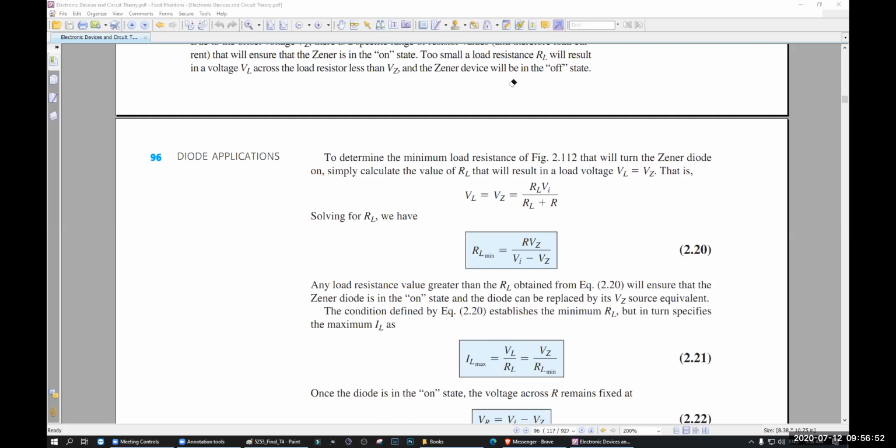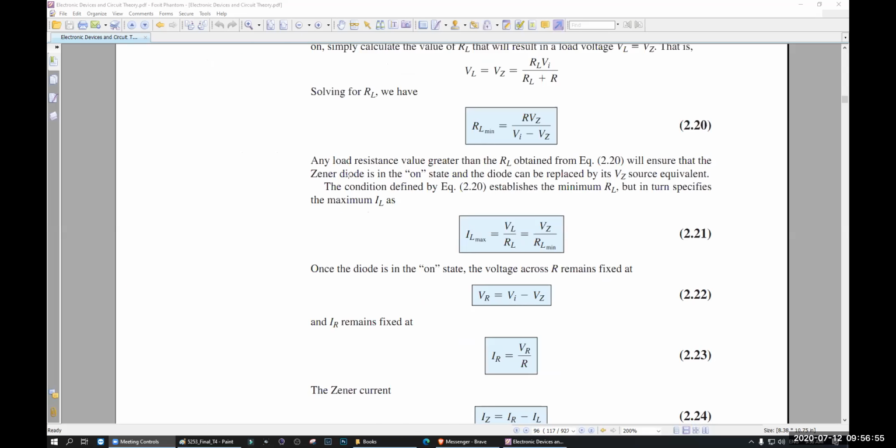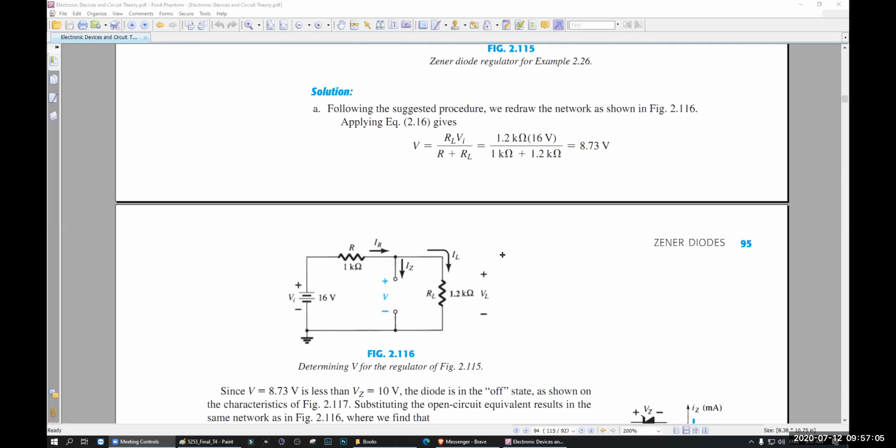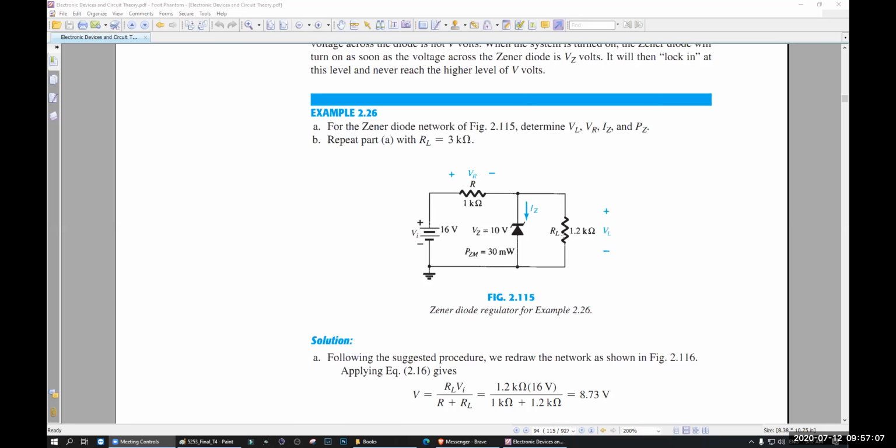Now let's get back to the other one. After that we can find out the IL maximum. Why? Let's go to the circuit. When you have minimum RL, that means you have maximum IL. If this resistance is minimum, the current is maximum.